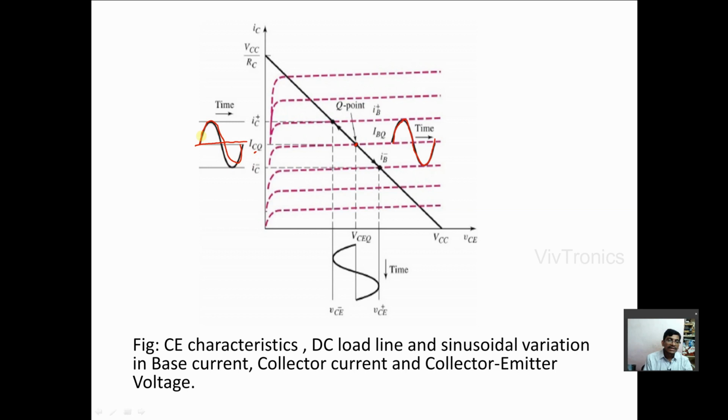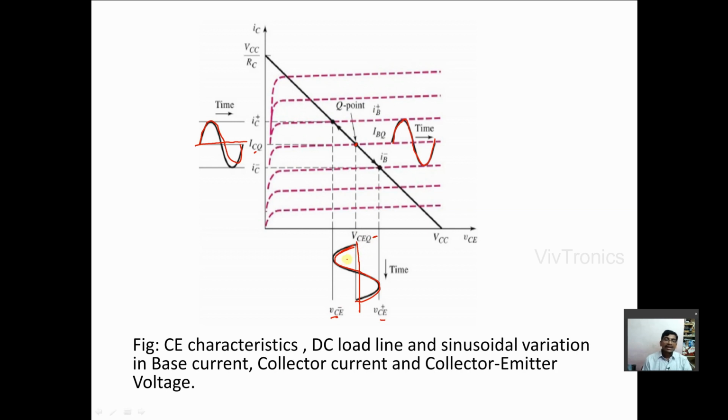Because of this time varying current, we get a time varying voltage across the collector terminal, that is VCE, which is superimposed on the DC reference voltage VCEQ.